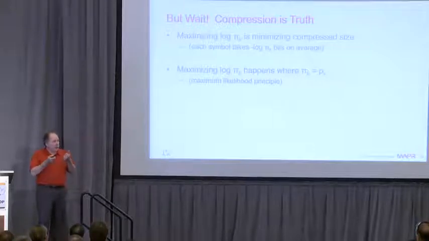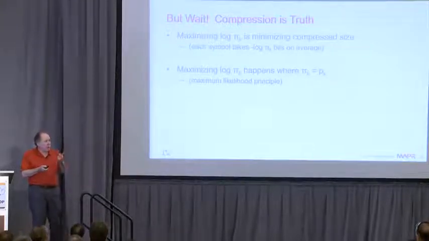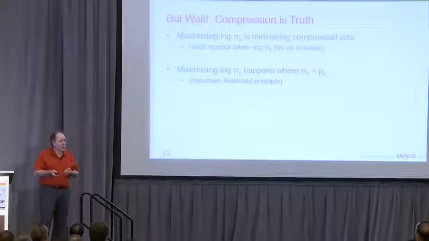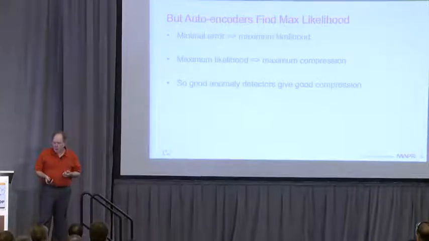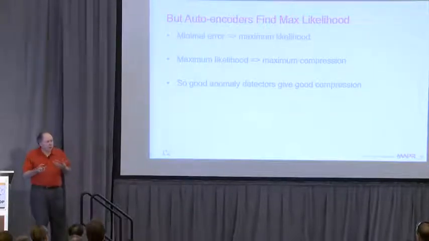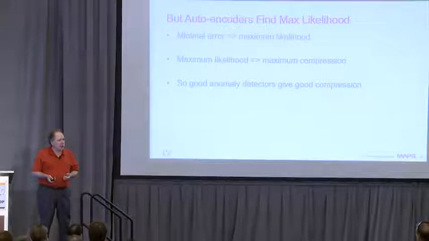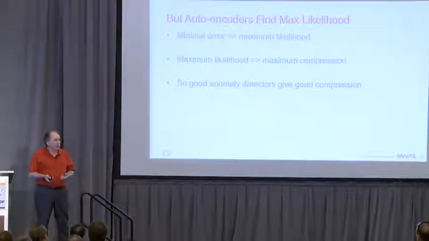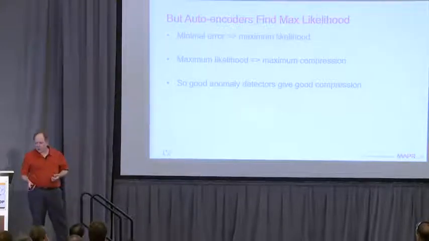And in fact, the thing that gives you the best compression is identically the best model at predicting what's going on. So minimal error is maximum likelihood is maximum compression, and so really good anomaly detectors are also very closely related to very good compressors.